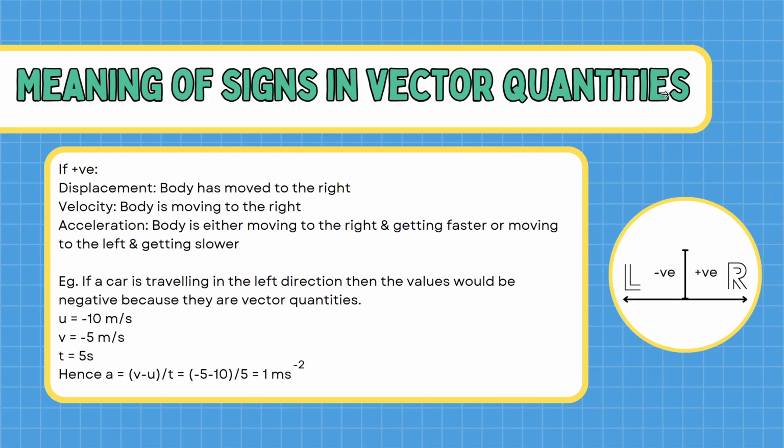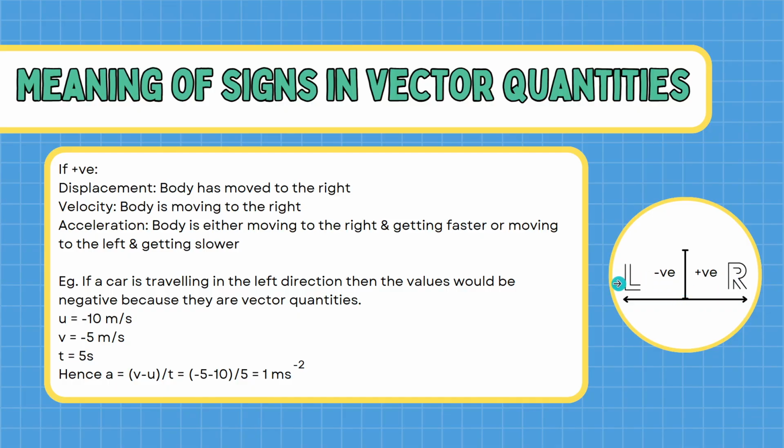Meaning of signs in vector quantities. Now, this is a very major and important factor when you are looking at vector quantities, the signs. I'm just taking an example of positive, and I think you'll be able to understand the negative as well. If I have an object here and it moves towards the right, as I mentioned before, it would be going in the positive direction.